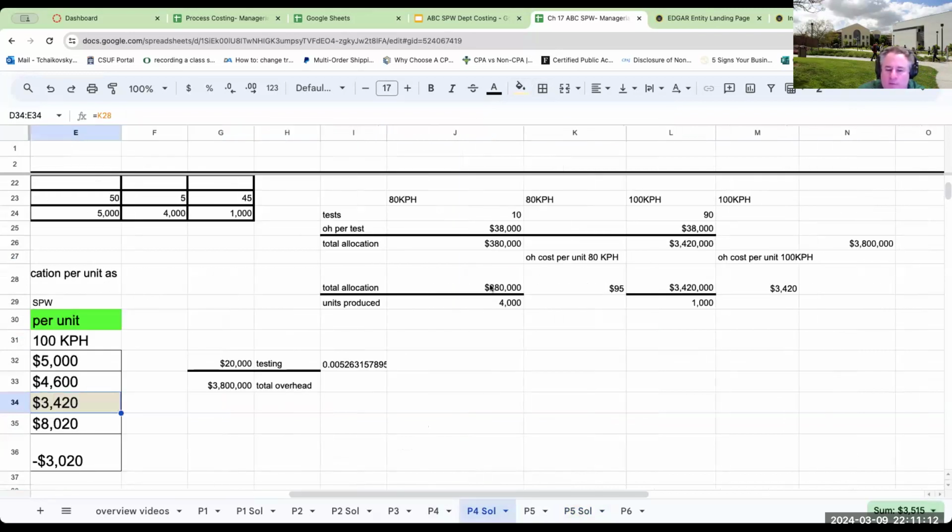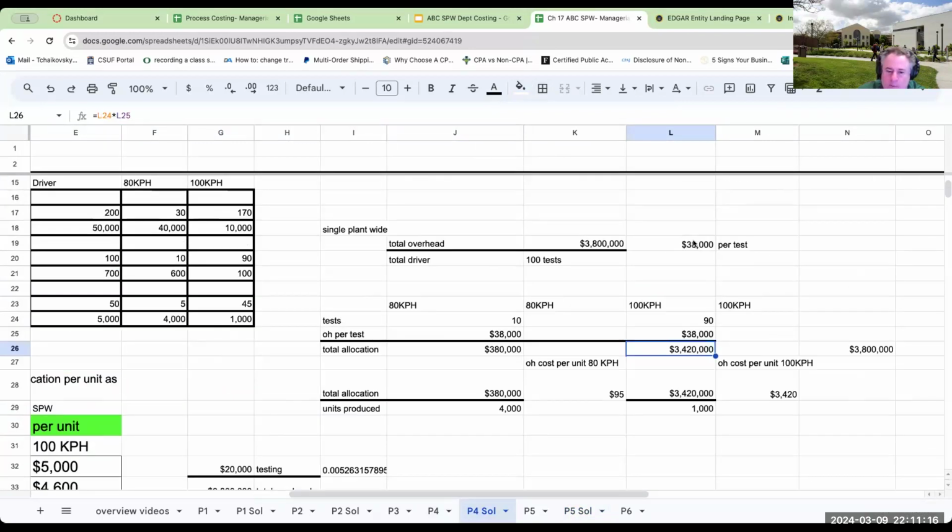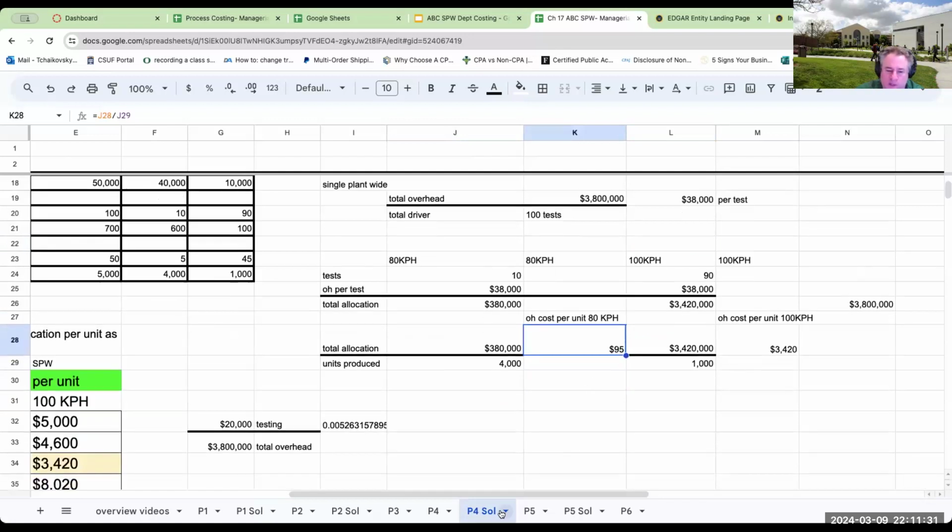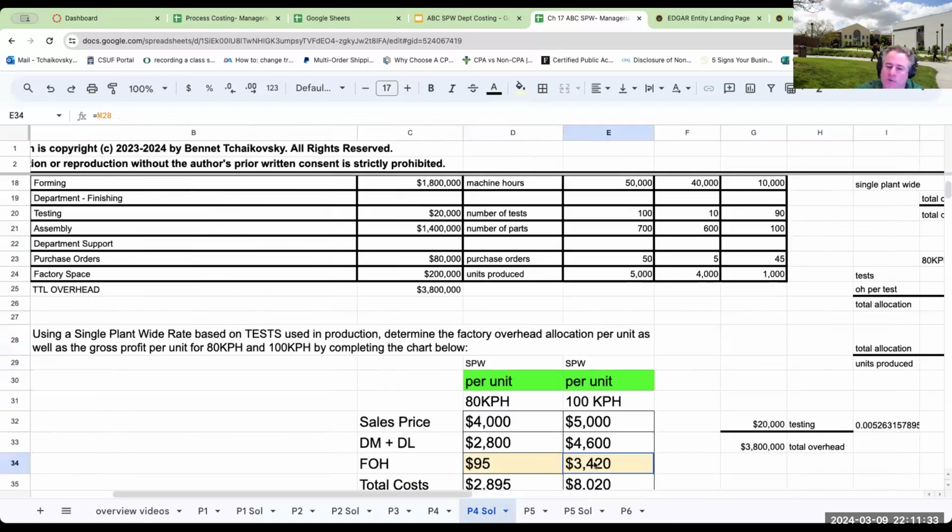I then took the number of tests times the rate per test to get my allocation. Once I had the allocation, I divided it by units produced to come up with the per unit cost, which is what I needed over here.